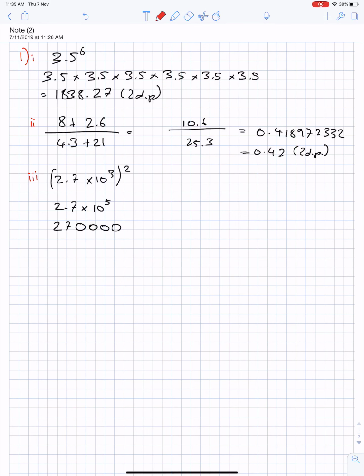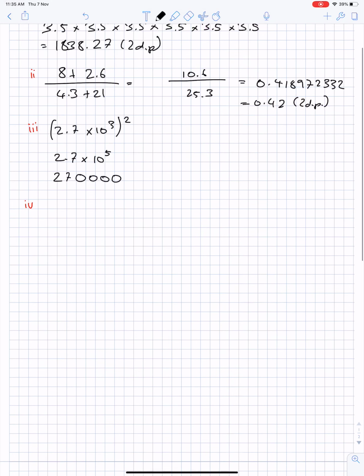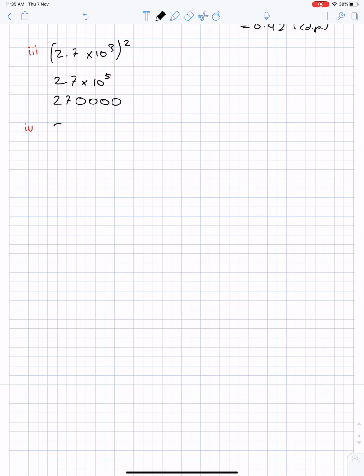Yep. Number 4. What do we have? 154. So this is asking you for a number multiplied by itself 3 times equals 154, right?